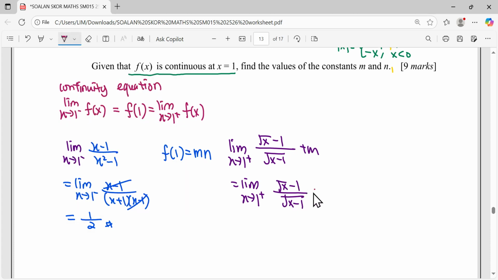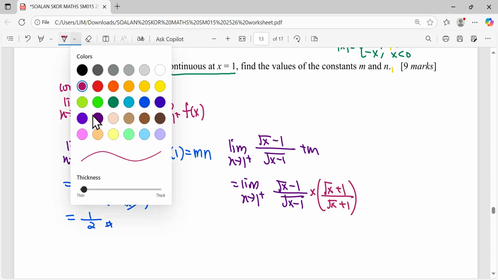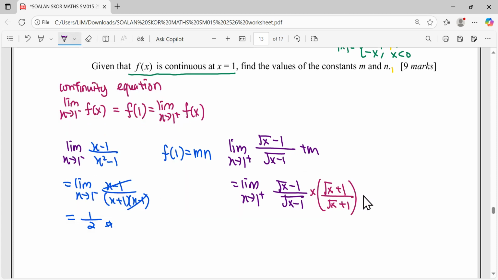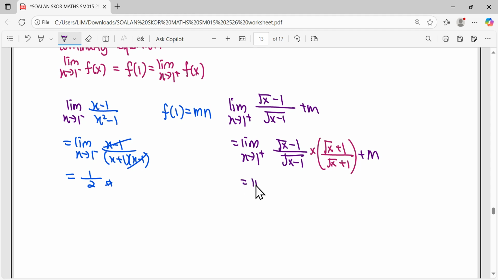Multiply with its conjugate, it will be square root of x plus 1 over square root of x plus 1, then plus m. So this one will be a squared minus b squared in the numerator, and the denominator is square root of x minus 1 times square root of x plus 1, plus m. We haven't simplified anything yet.